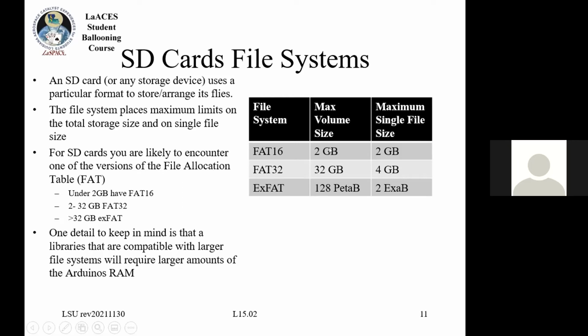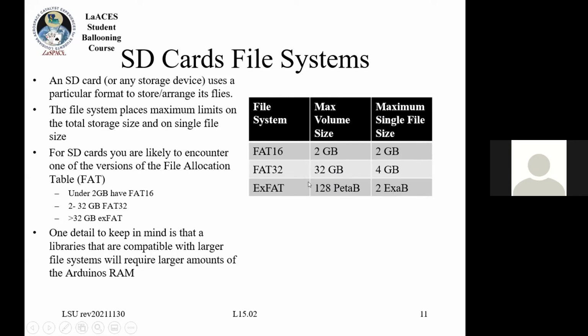And you can see here on a table, this max volume size, that's the limit of how big of a storage volume you can have in each of these systems. And then there's also a limit on how big an individual file can be.